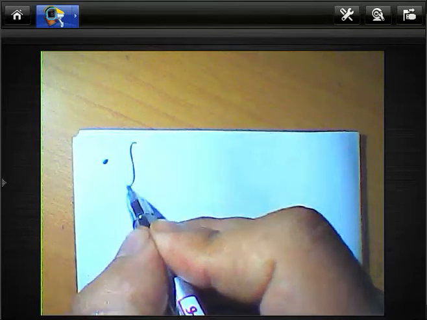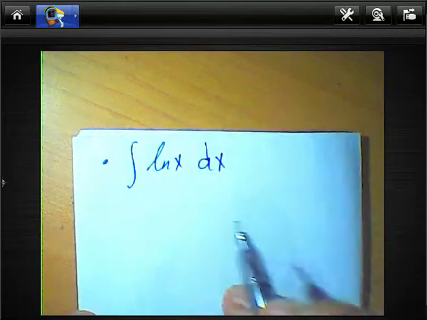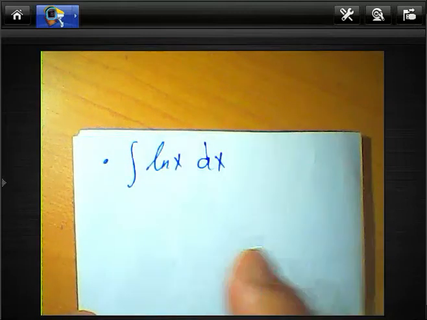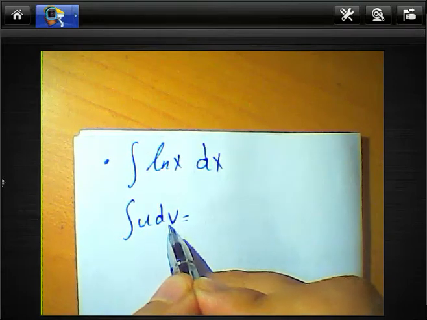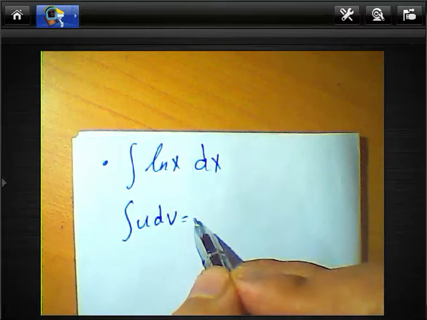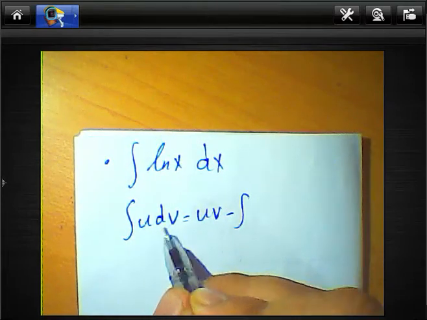Pay attention to this example. Integration of ln of x dx. We can solve it. We know the integral of u dv equals u times v, subtract the integral of v du.